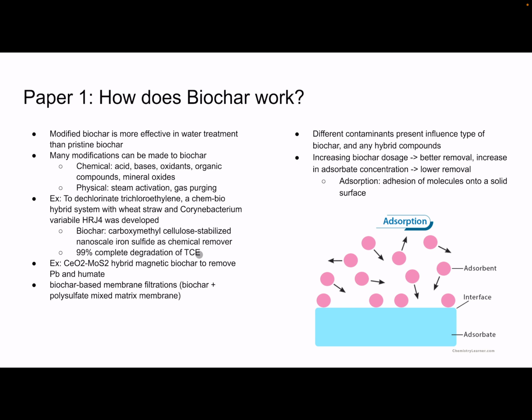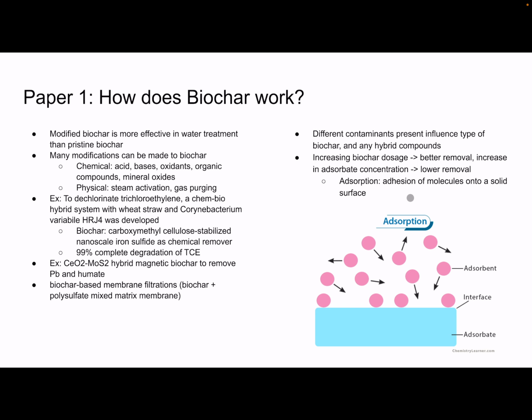So these are some examples of how modified biochar can be used. In this example, in order to dechlorinate this chemical called trichloroethylene, one group used a biochar made from wheat straw, as well as this biological compound, and they were able to degrade it to 99%, which is pretty good.